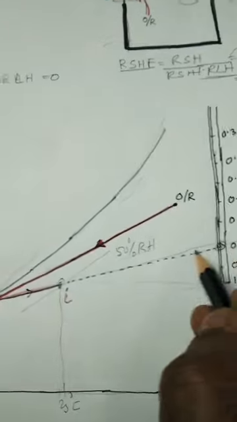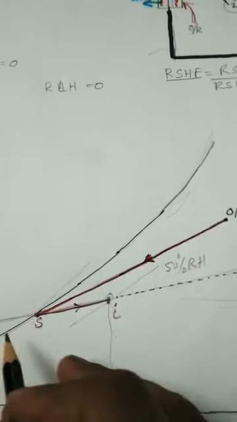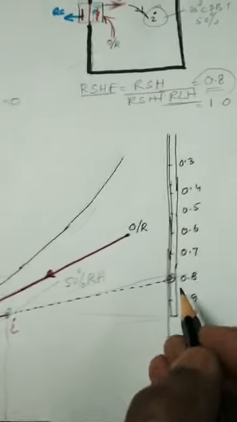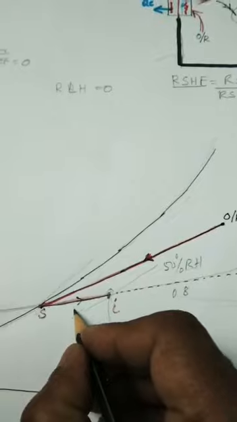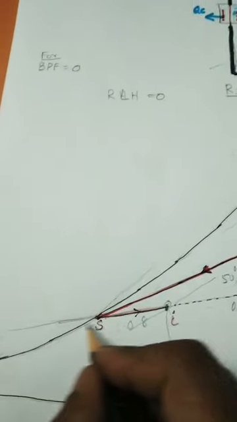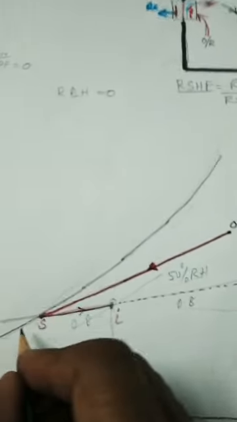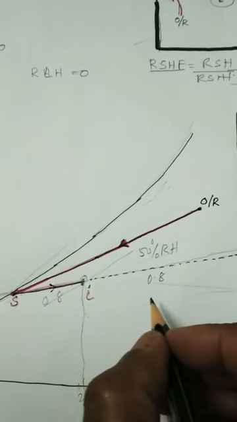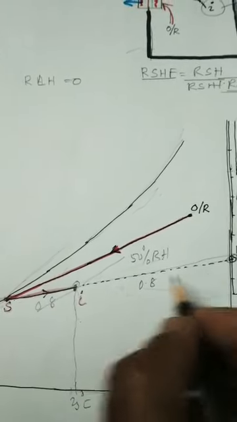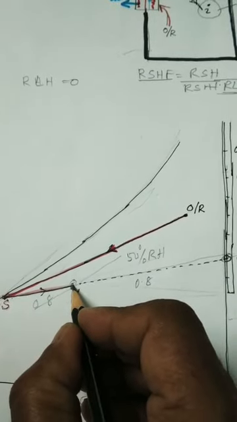This is the whole line I have drawn. Now on this whole line, what is the value of room sensible heat factor? 0.8. Everywhere it is 0.8. So this is a 0.8 line, the room sensible heat factor line. This line is 0.8 because it is passing through the design condition.